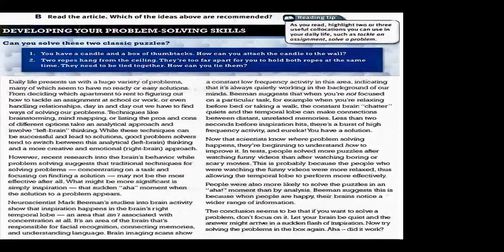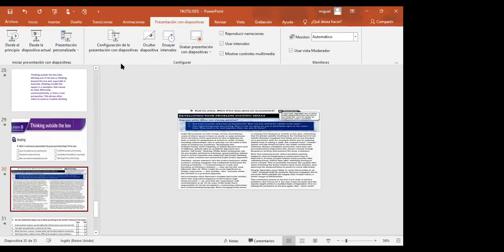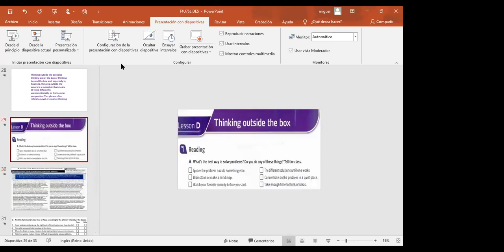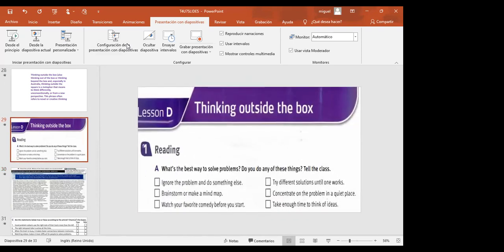Remember, this lesson is about reading comprehension and writing. I have mentioned the techniques for reading comprehension, scanning and skimming. We're going to do it in every lesson.